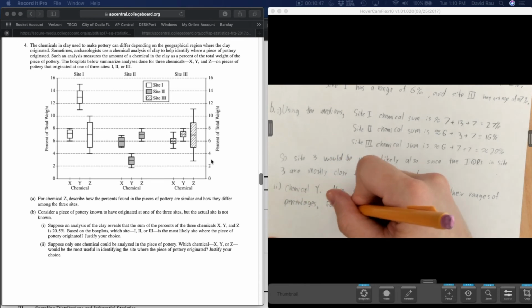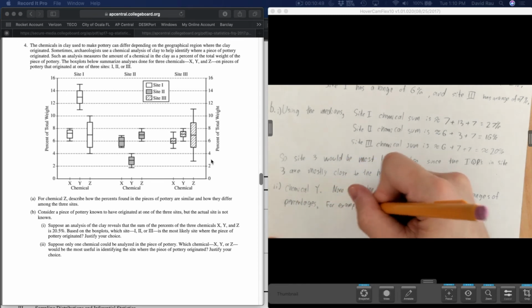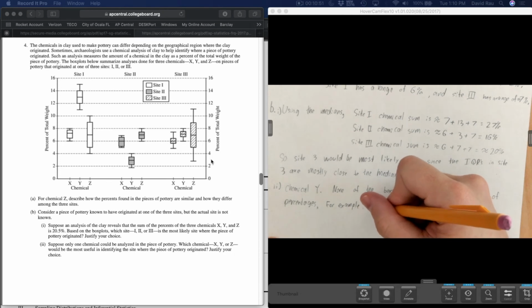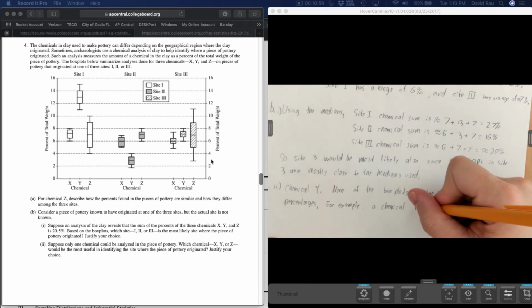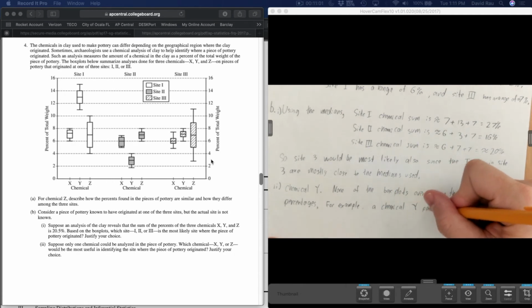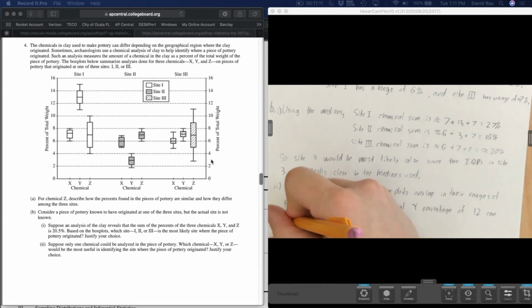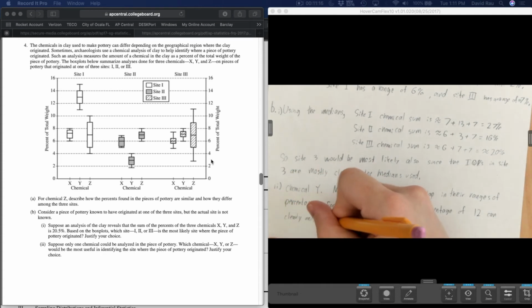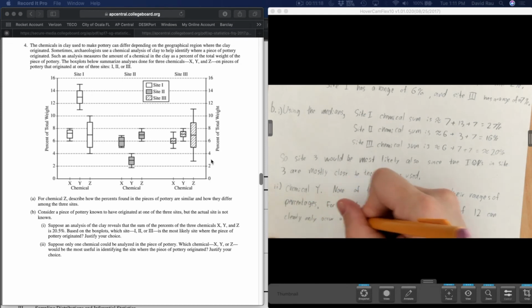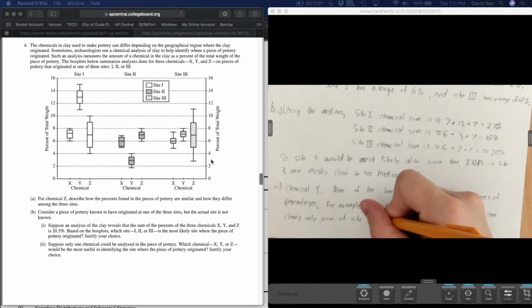I guess I'll say, for example, a chemical Y percentage of 12 can clearly only occur at site 1.